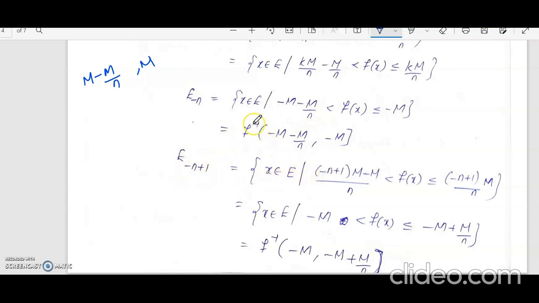So we can write all the sets in terms of inverse functions. So E minus n plus 1 will be f inverse of -m to -m + m/n, and En will be f inverse of m - m/n to m.